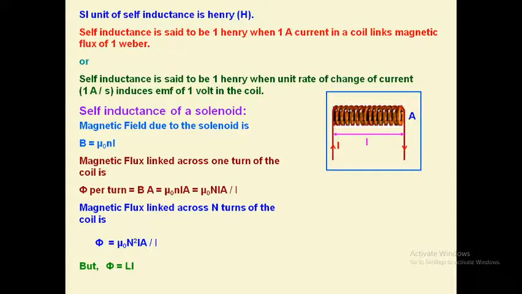So apart from I, whatever is there, it is L. So we got the coefficient of self-induction as mu naught n square A upon L or mu naught n square A L. No need to get confused between small n and capital N, because small n represents the number of turns per unit length, while capital N represents the total number of turns. So small n is nothing but capital N divided by L.